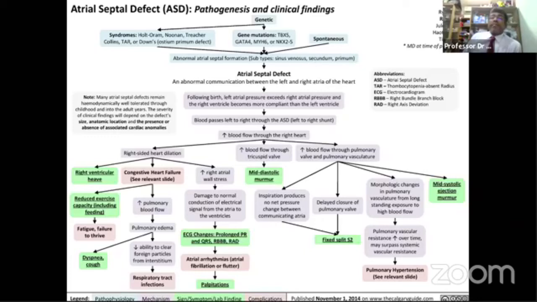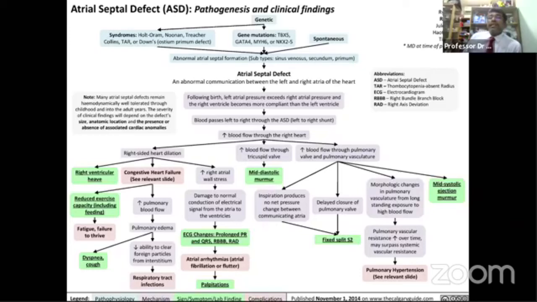As there is pulmonary hypertension and the right-sided flow increases, there will be a delayed closure of the pulmonary valve in comparison to the aortic valve. That is, in those cases, there is a wide splitting of the second heart sound. That is, there is a gap between the aortic component A2 and the pulmonary component P2.